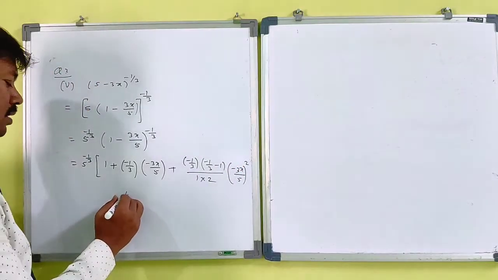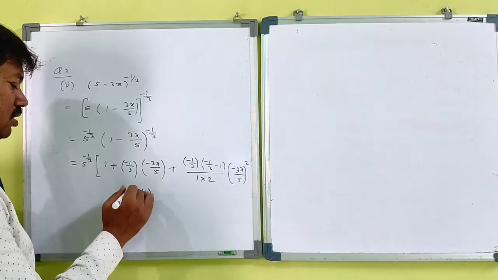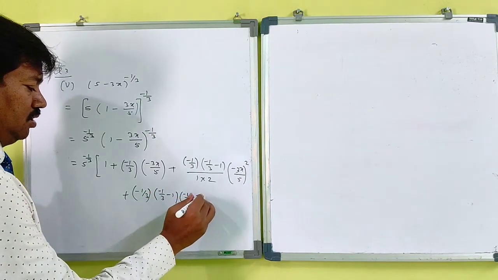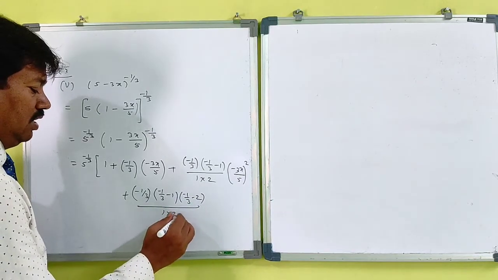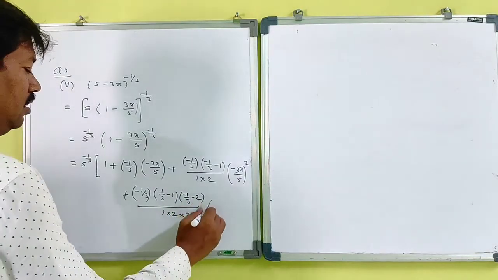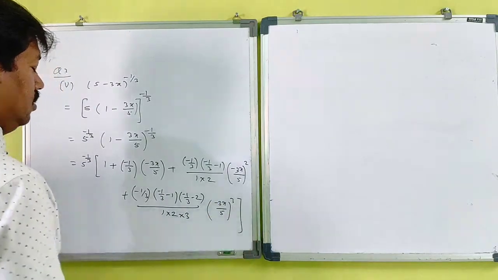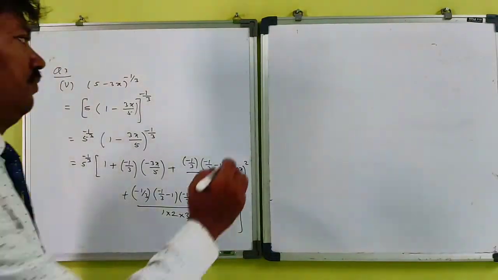One more term: minus 1 upon 3, minus 1 upon 3 minus 1, minus 1 upon 3 minus 2, upon 1 into 2 into 3, minus 3x upon 5 cube. So it's like this.